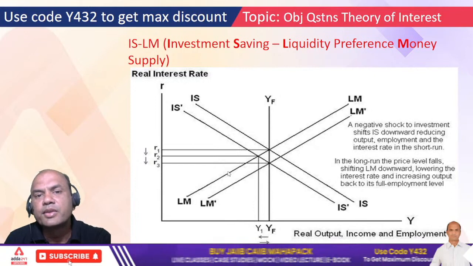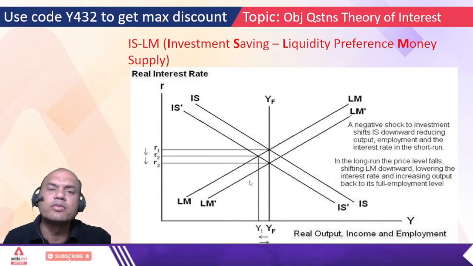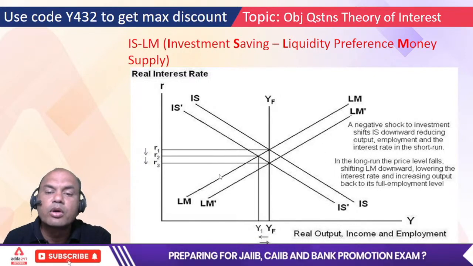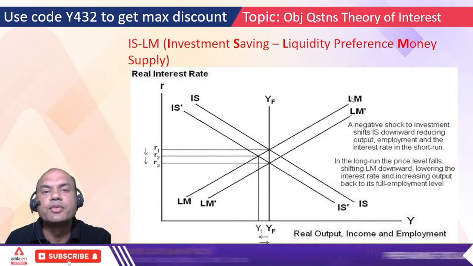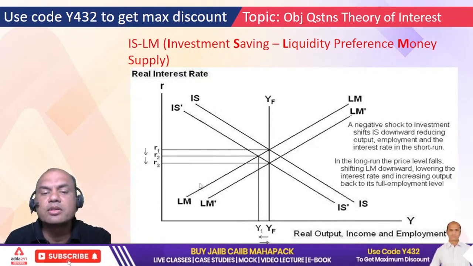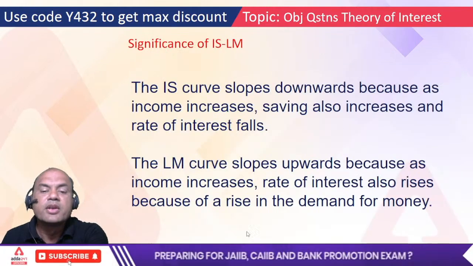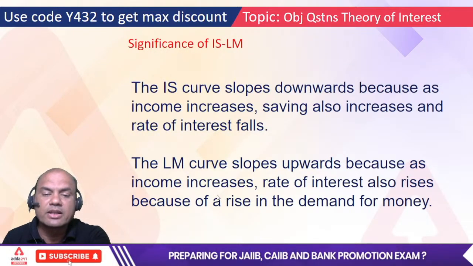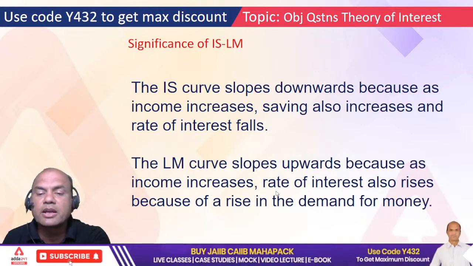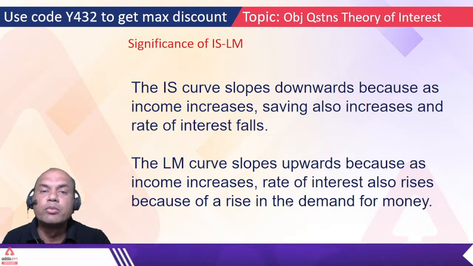What will you try to do? You will try to purchase a new house, because only 3% is going. So more business activity will happen. As the rate of interest goes down, definitely business activity increases. As the business activity increases, demand for money also increases, because as the business increases, more money will be needed.